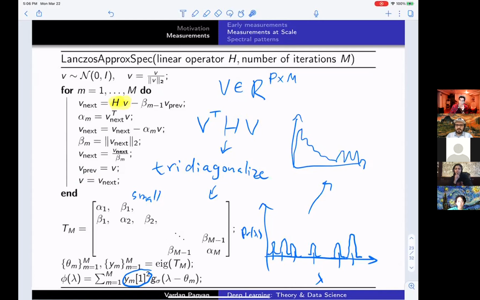Each one of these variables is of size the number of rows or columns in the Hessian. So it's the size of your whole model, right? It's a very large vector. But because we need to save only 3 vectors, it means that the memory complexity is rather small.